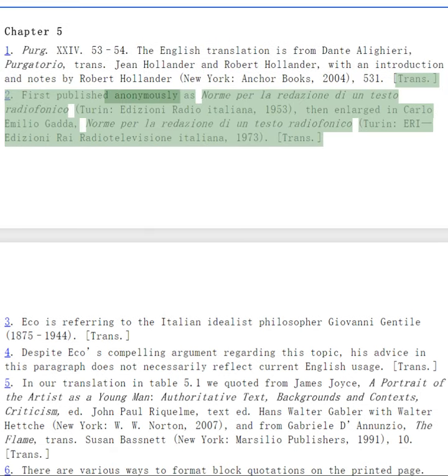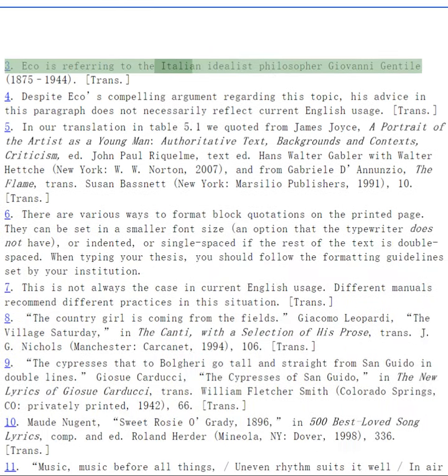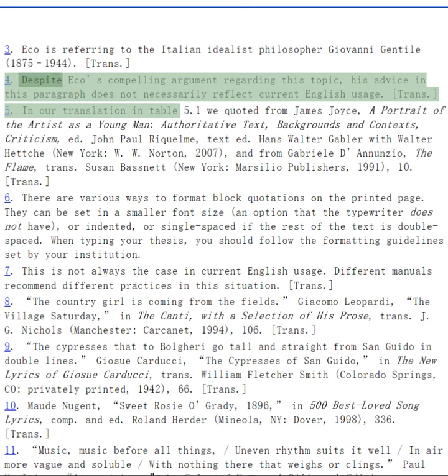First published anonymously as Norme per la redazione di un testo radiofonico, then enlarged in Carlo Emilio Gadda, Norme per la redazione di un testo radiofonico. 3. Eco is referring to the Italian idealist philosopher Giovanni Gentile. 4. Despite Eco's compelling argument regarding this topic, his advice in this paragraph does not necessarily reflect current English usage.